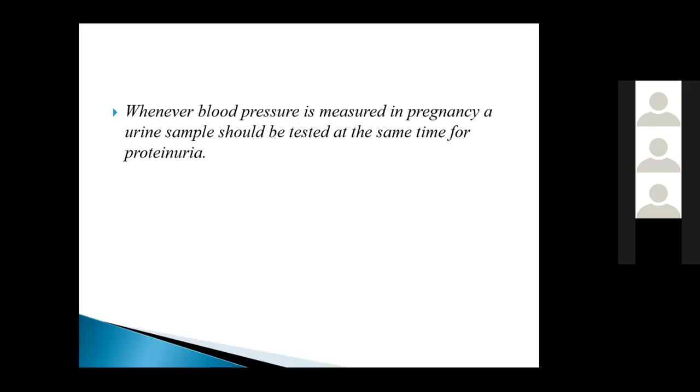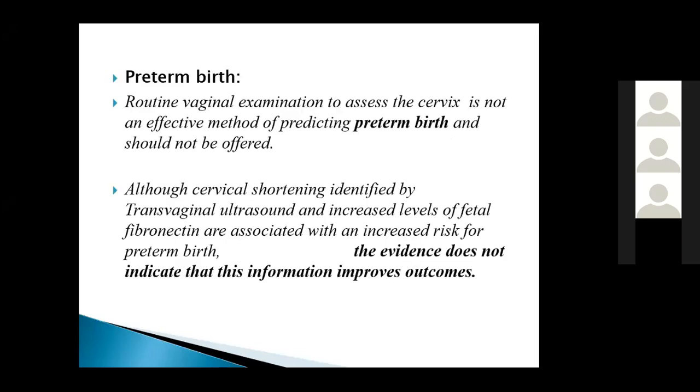And if it is positive, there are other investigations like uric acid, liver function SGPT, and CBC platelet counts. You know very well, preeclampsia can be complicated to eclampsia, and even DIC and HELLP syndrome can develop because of this problem.